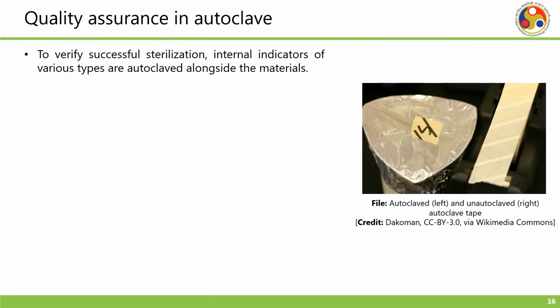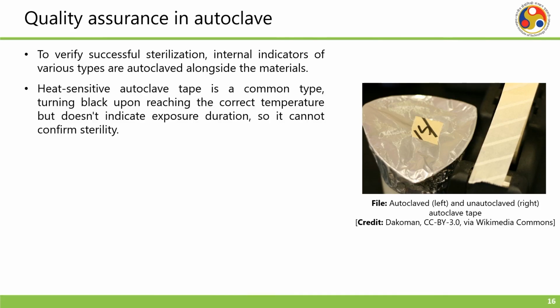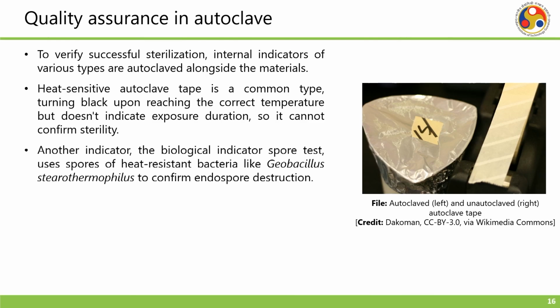Quality assurance in autoclaving. To verify successful sterilization, internal indicators of various types are autoclaved alongside the material. Heat sensitive autoclave tape is a common type, turning black upon reaching the correct temperature, but it does not indicate exposure duration, so it cannot confirm the sterility.